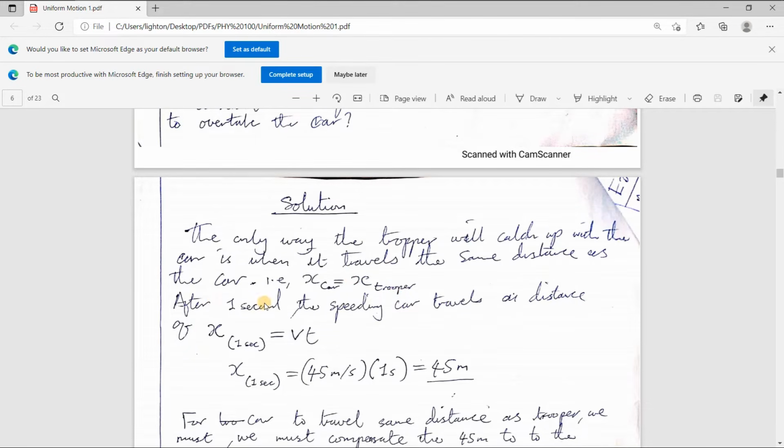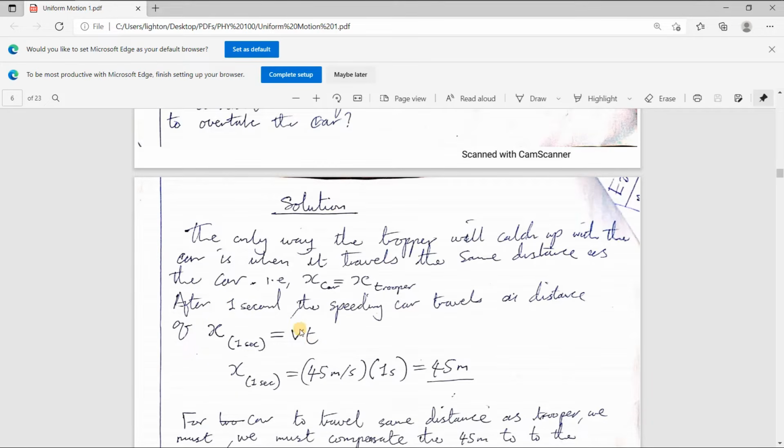Now after 1 second, the speeding car travels a distance of x subscript 1 second, being equal to velocity times time. Now why is it just velocity times time?